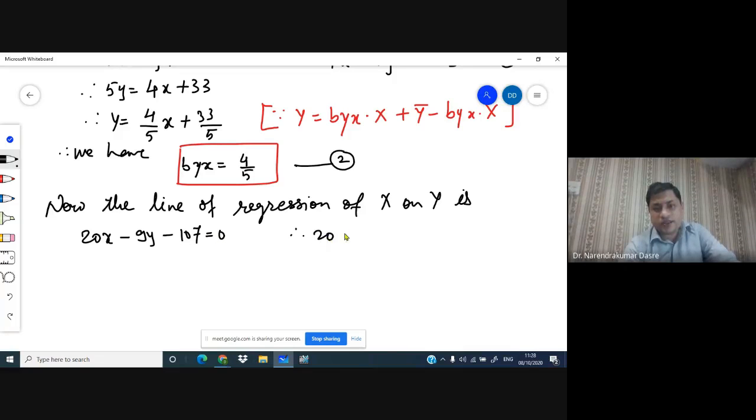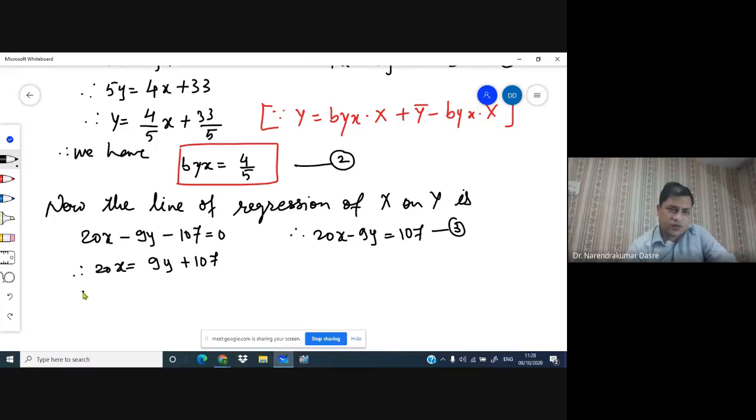So I can write this as 20x minus 9y is equal to 107, equation 3. So I can write this as 20x is equal to 9y plus 107, or we can write this as x is equal to 9 by 20 y plus 107 by 20.